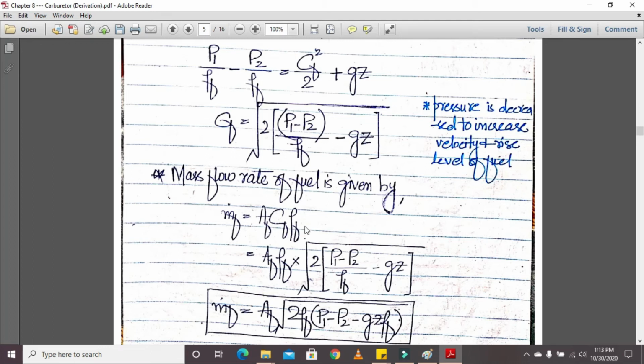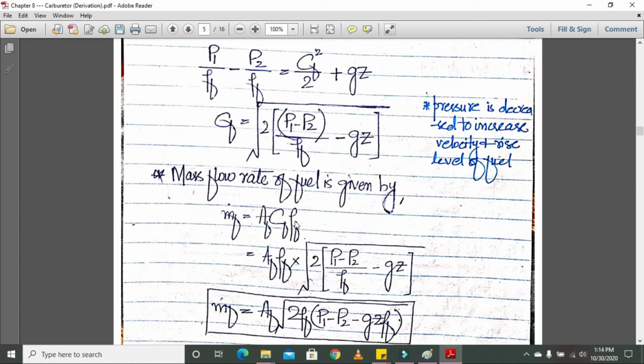And similarly, the density of the fuel: since the fuel is an incompressible fluid, there will be no change in the density, so it is also a constant, and there is no need to determine a relation for that either. We were only required to determine the relation for the speed of the fuel, which we have already determined.